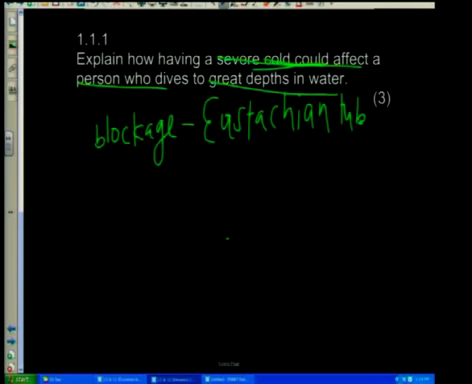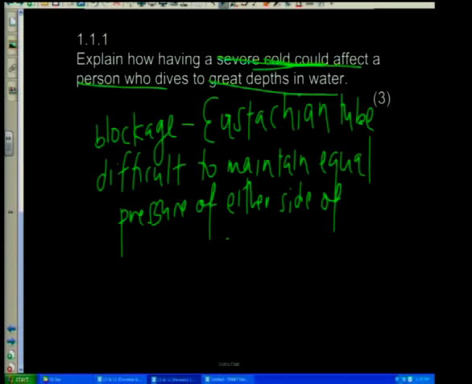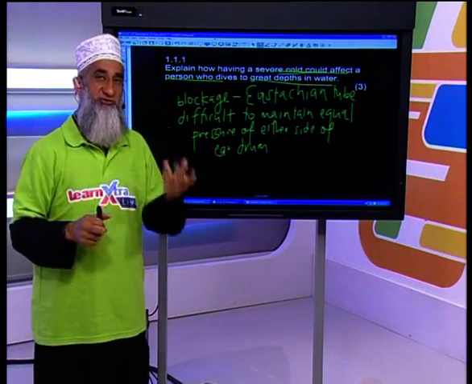Because of this, it would be difficult to maintain equal pressure on either side of the eardrum. Now, this could be dangerous because if any one of the two sides of pressure is too high or too low, the eardrum would burst.